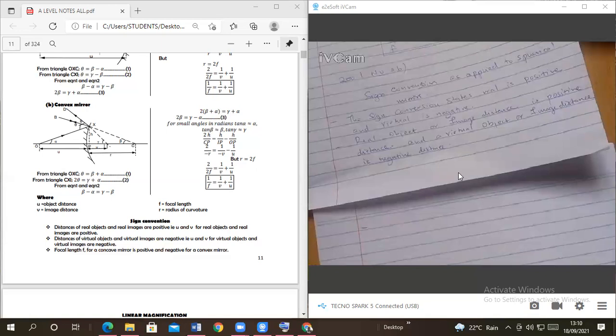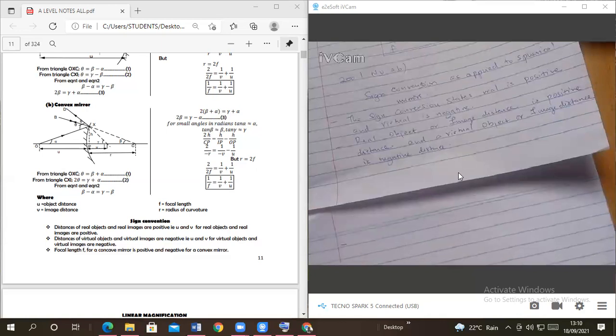So a concave mirror has a positive focal length and a positive object distance. In normal circumstances, they are positive. But if the image distance and the focal length are negative, then you know that we are dealing with a convex mirror.